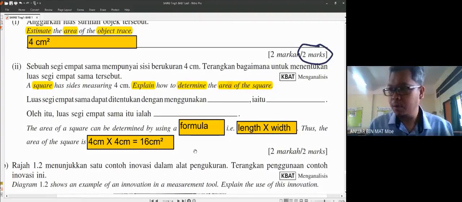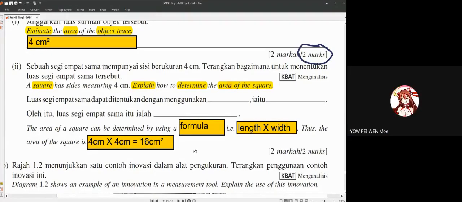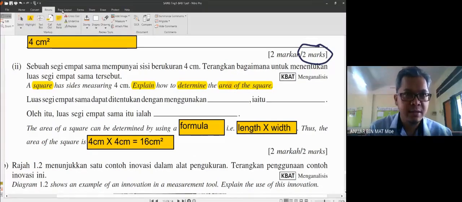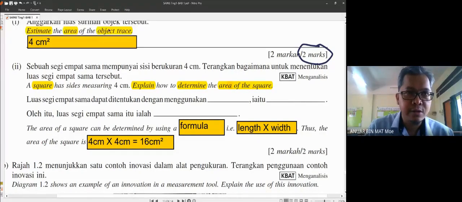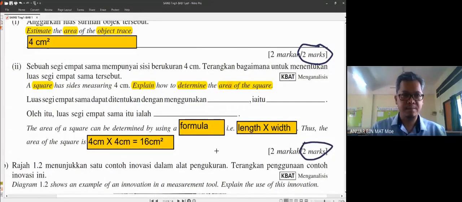Okay, boleh ini? Can you get the answer? Okay. Never mind. So it has 2 marks also, yeah, carry 2 marks. Right?